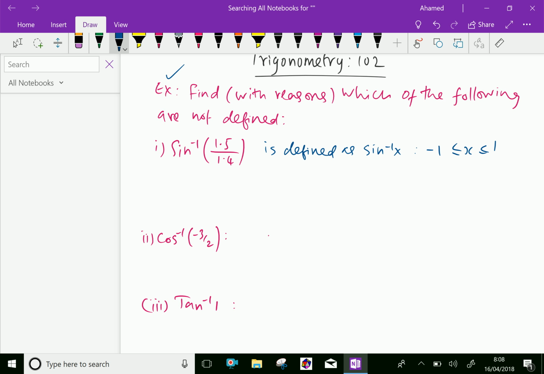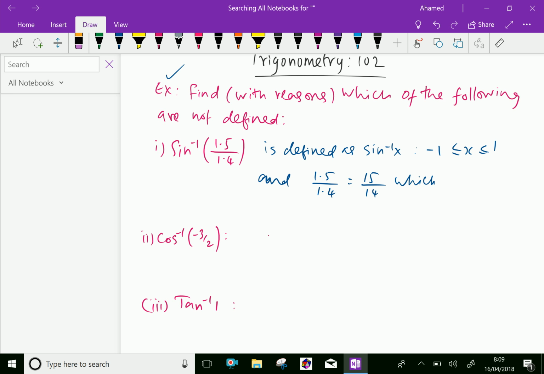The domain is this, and here 1.5 over 1.4 is 15 over 14, which does not lie in the domain.